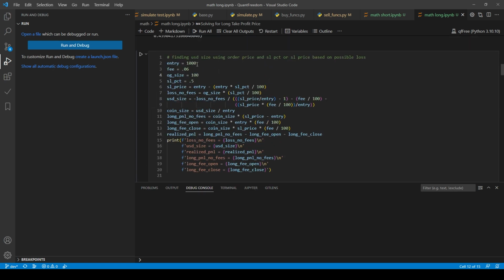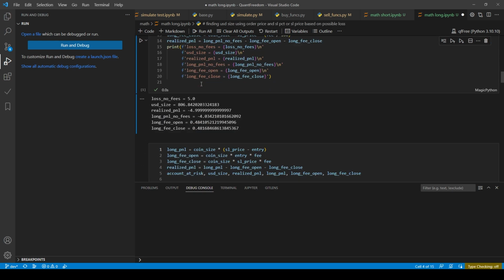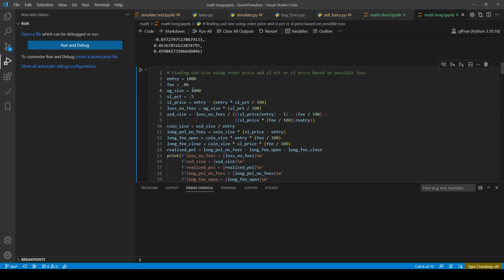Yeah, so here we have this. USD size is 806. Realized P&L. What's this?